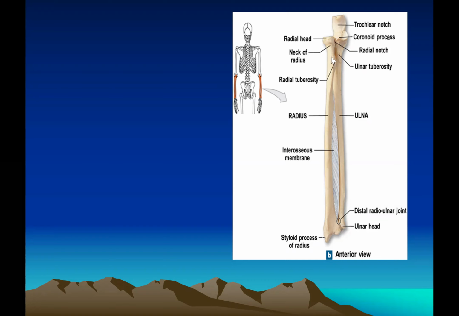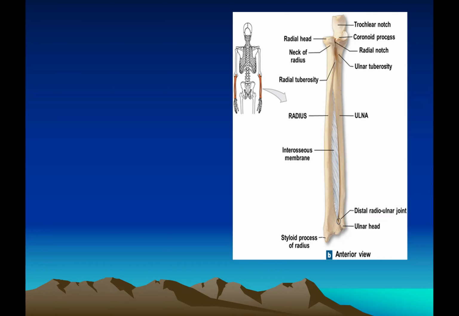The radial tuberosity, right under the head, is the point of attachment for the biceps muscle. So it articulates proximally at the elbow with the capitulum of the humerus and the radial notch of the ulna.